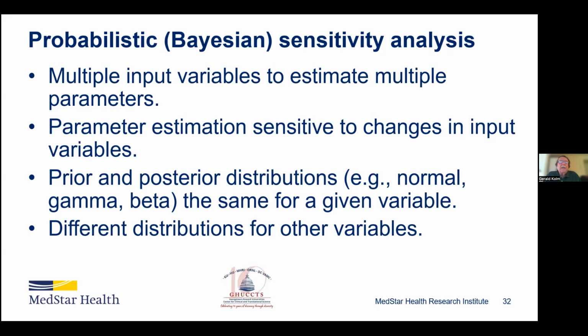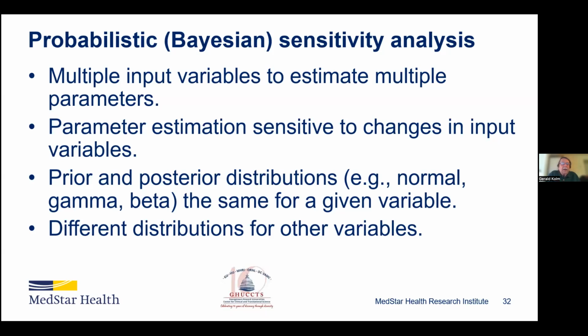And this is the case that we have in cost-effective analysis, where we have multiple input variables to estimate multiple parameters. The idea here is that the estimation of the parameters is sensitive to changes in the input variables.